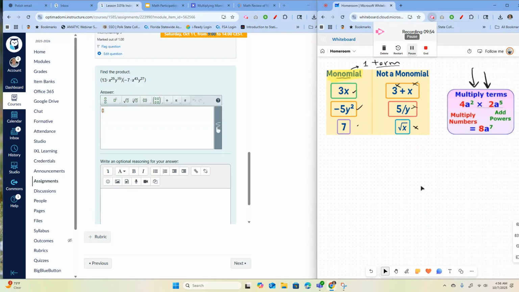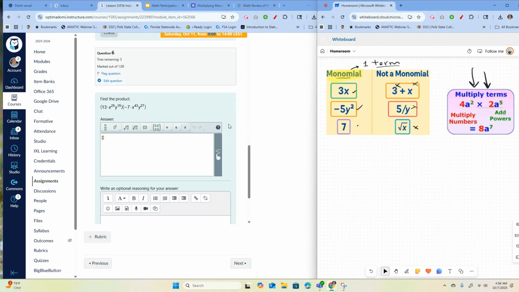And in problem number 6, this is problem number 6. I'm going to do a similar one again. So let's say I'm multiplying 12 times x to the 15th power, y to the 10th power. And all of that is my first monomial.